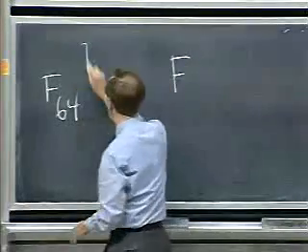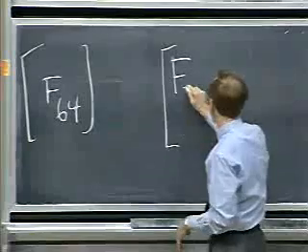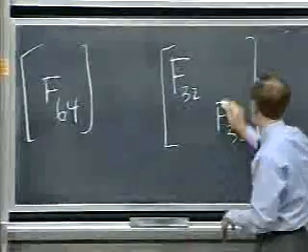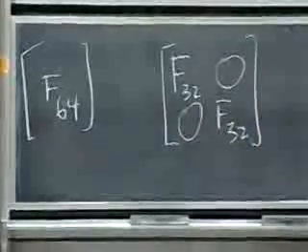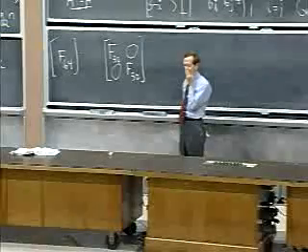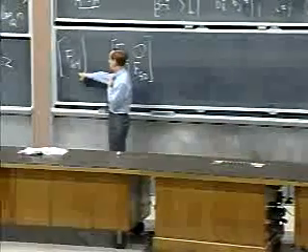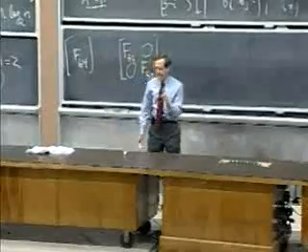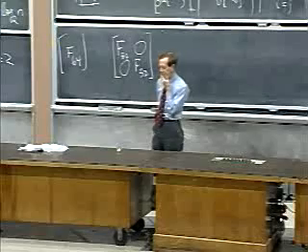So this is 64 by 64. Here's a matrix of that same size because it's got two copies of F32 and two zero matrices. Those zero matrices are the key, because when I multiply by this matrix, just as it is, regular multiplication, I would need 64 squared little multiplications to do.